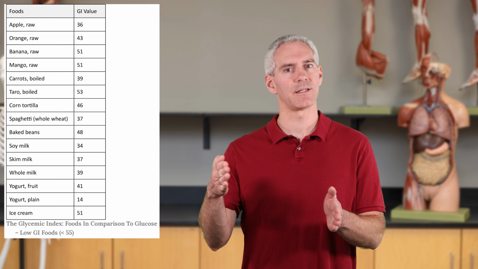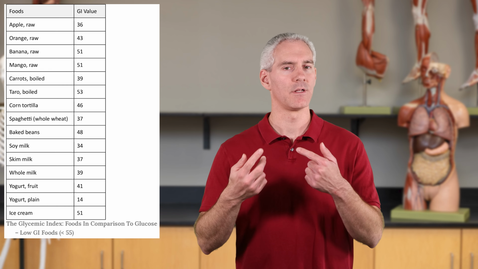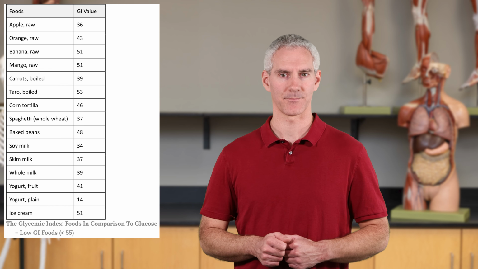The ripening process increases the sugars and makes more available for how we can absorb and digest them. So sometimes it makes a difference how ripe something is, not just what the food is. So we're looking at low carbohydrate foods, low glycemic index, high carbohydrate foods, higher glycemic index.